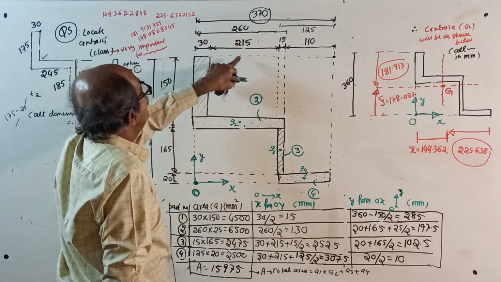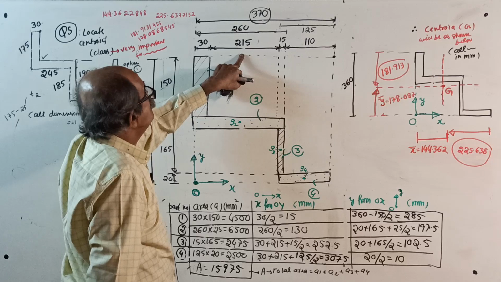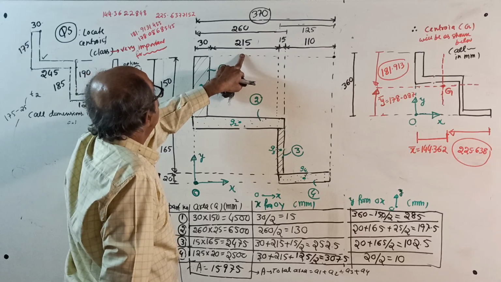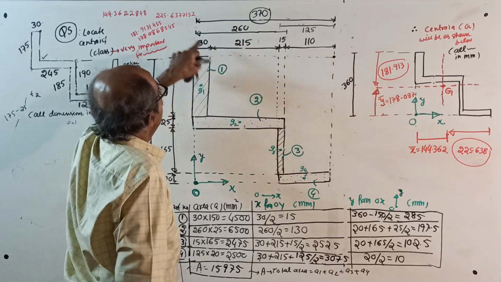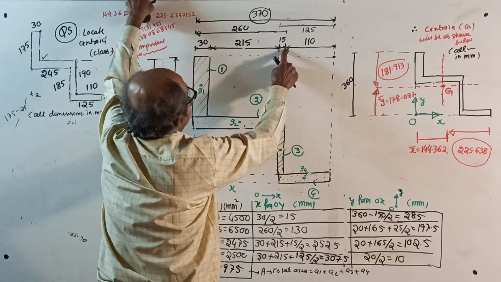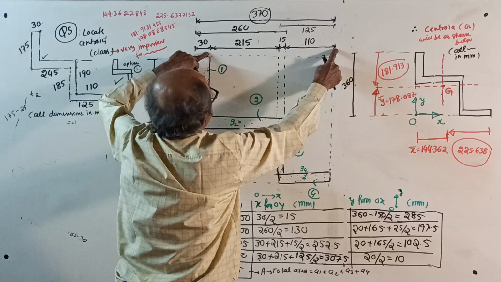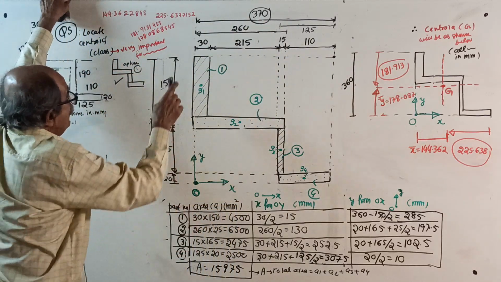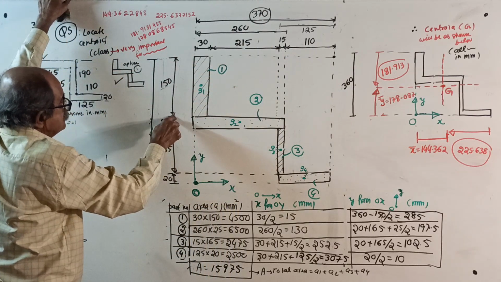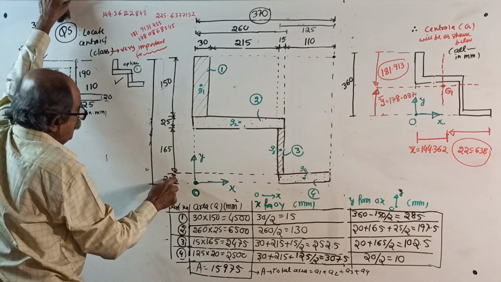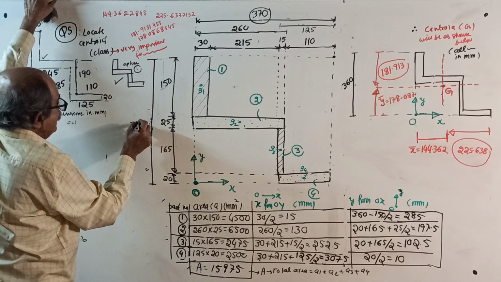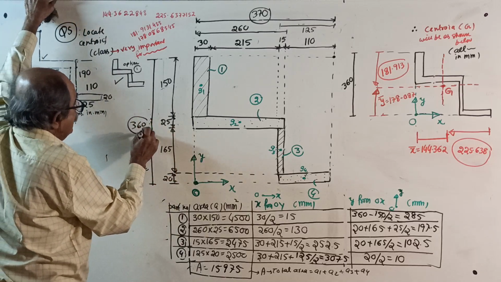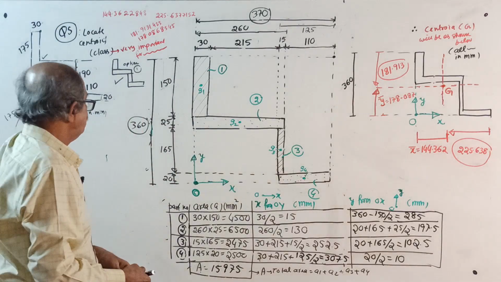Somebody will be laughing. 215 plus 15 is 230, 330, 340 plus 30, 370. Okay. Full depth I want. You should calculate: 150 plus 25 plus 165 plus 20 will be 360. I am rounding off because it is a calculated value. Okay, this is also over.